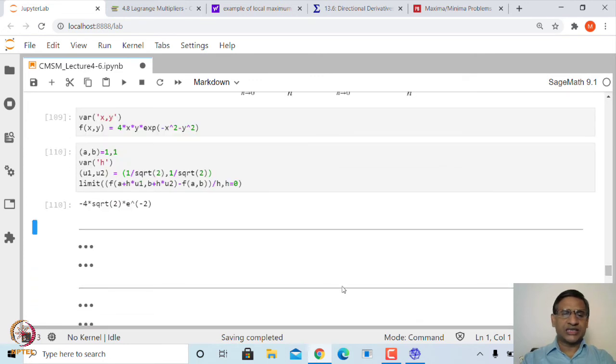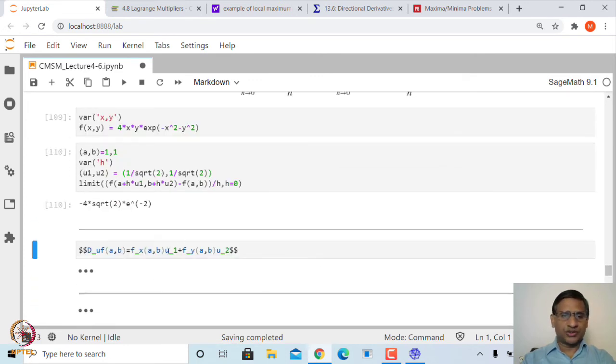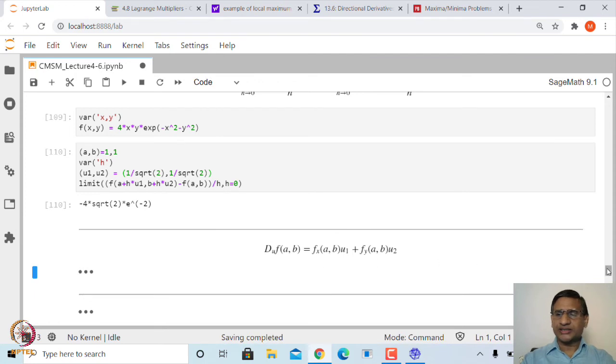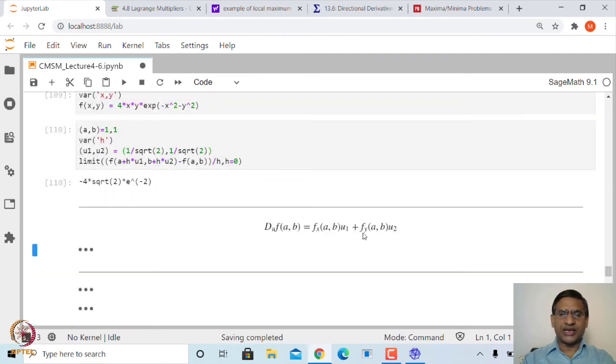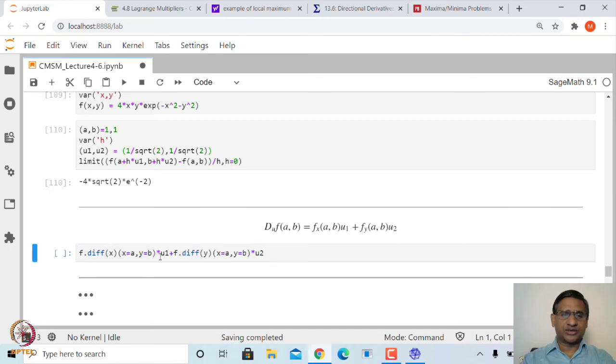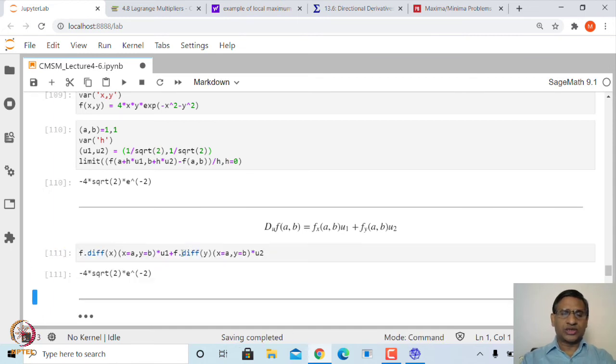Now you can check that the directional derivative of f at (a, b) in the direction of u can be written as the partial derivative of f with respect to x at (a, b) times u1, plus the partial derivative of f with respect to y at (a, b) times u2. So one can use this formula to also find the directional derivative of f at any point (a, b), and you can see that what we got using the definition is the same as what we got using this formula, right.